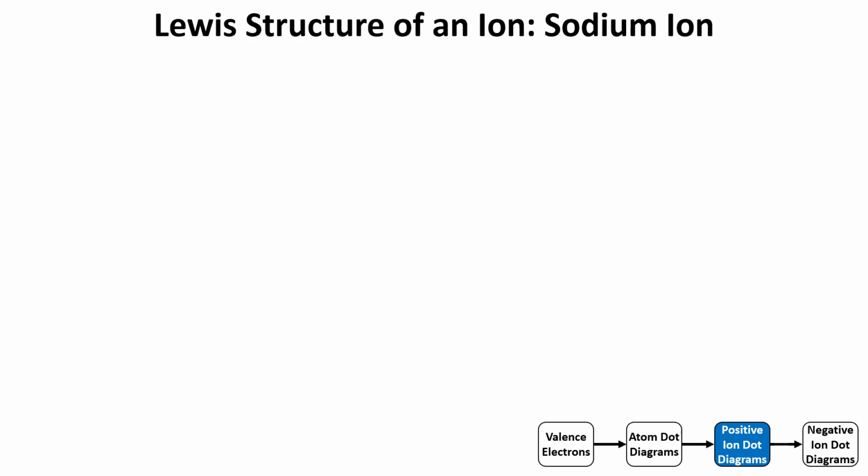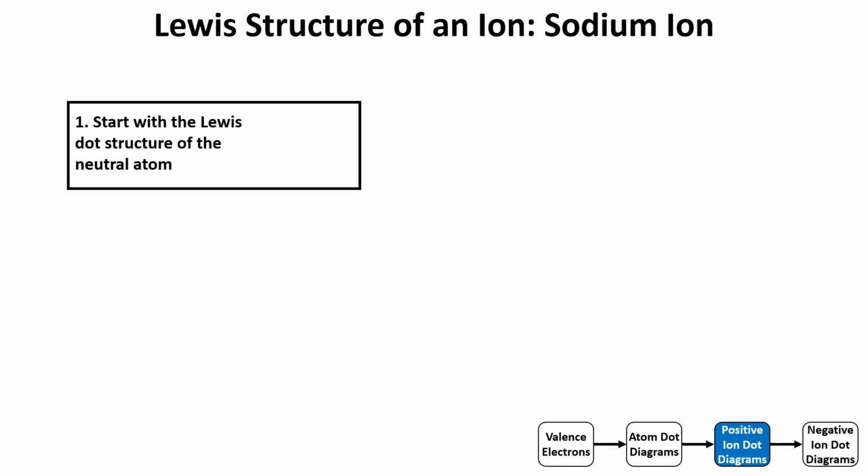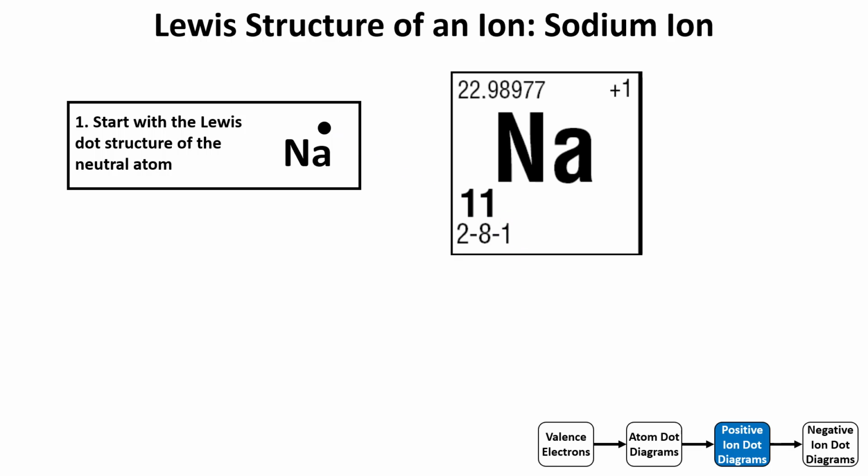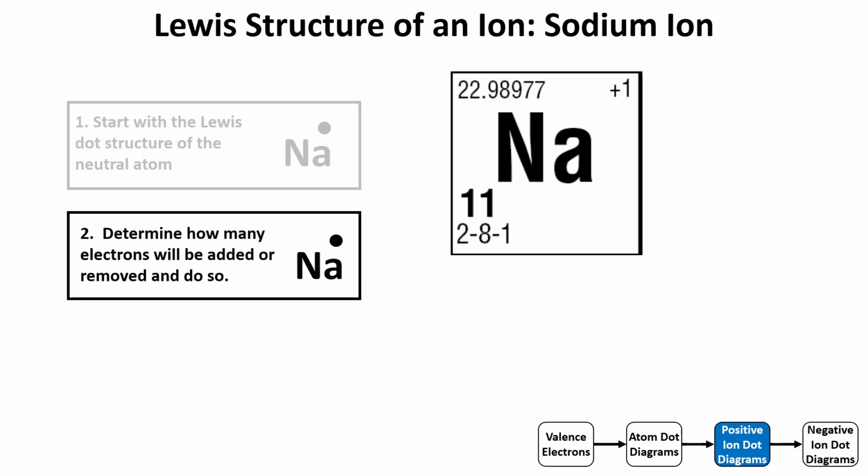So the first step in drawing an ion Lewis dot structure is to start with the Lewis dot structure of the neutral atom. So the sodium atom would be this, right? We learned how to do that. The second step is to determine how many electrons will be added or removed. And then we're going to remove it or add to it.